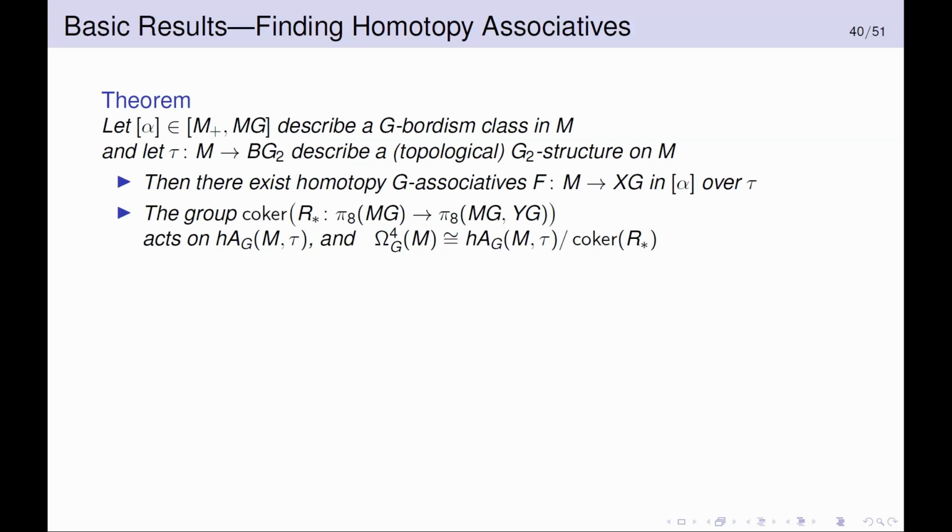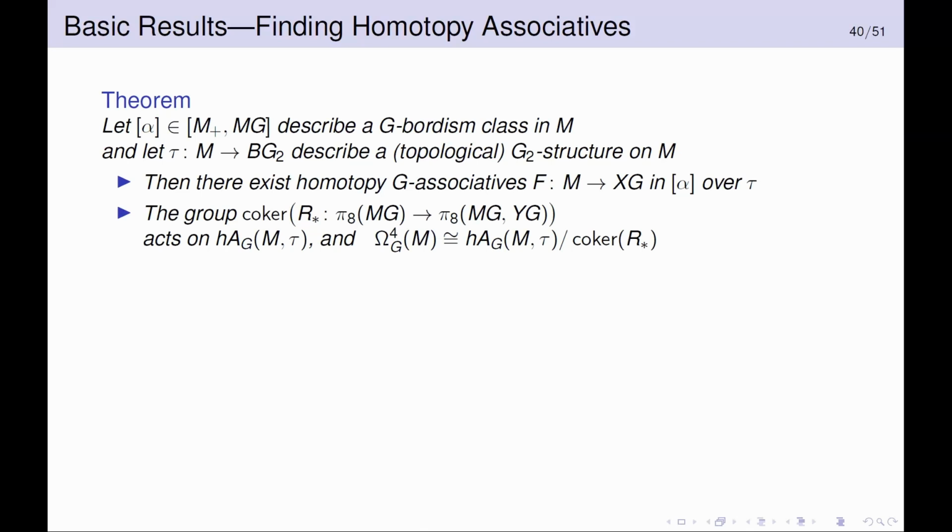And there is a certain group which acts on all these equivalence classes of homotopy associatives such that the quotient of the cobordism space is the quotient of the homotopy associative set by this group, and the group itself is the cokernel of a restriction map from the 8th homotopy group of MG to the relative 8th homotopy group of MG relative to YG.